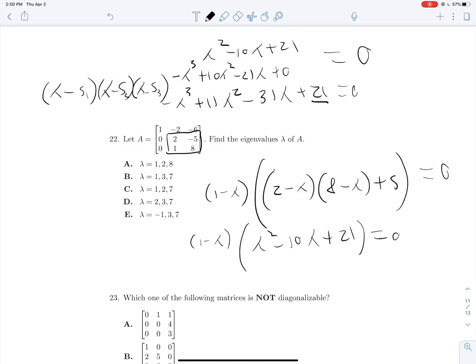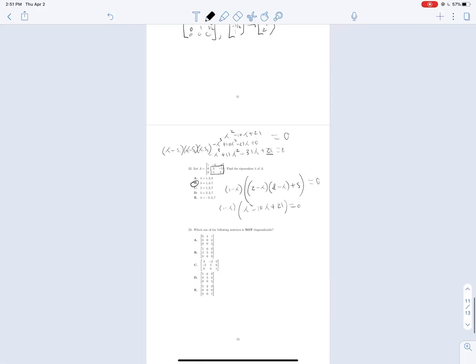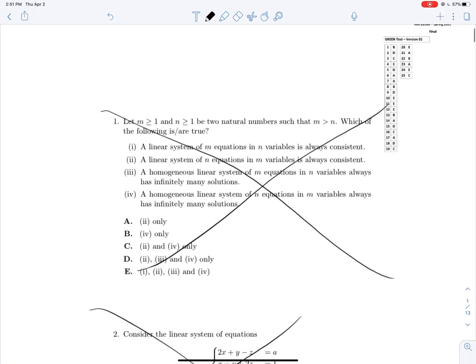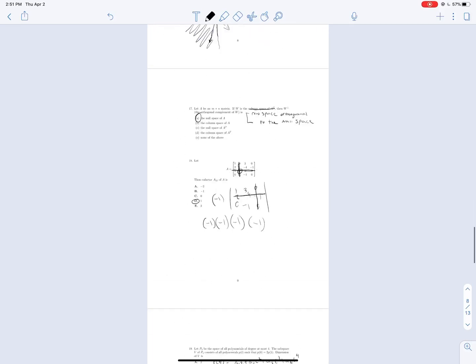We know that this will factor into that form, and since our final product over here is 21, we know that the only way to get that is by multiplying our three constant terms together. And the nice thing is, the only answer choice which both solves this expression and multiplies together to positive 21 is B. So 22 is B.